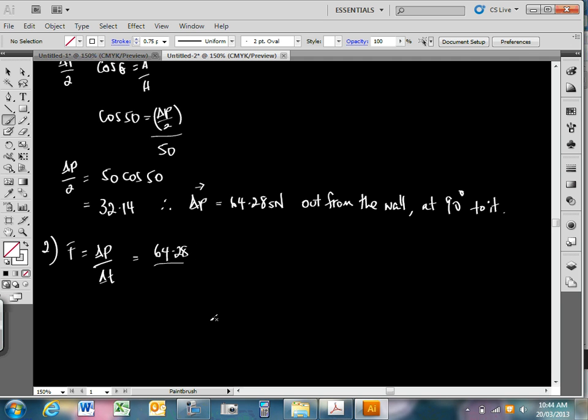Change in time was 0.4 seconds. 160.7. Approximately, it says in the book, approximately. 160.7, what are we talking about? A force, so it's in newtons. Out from the wall.